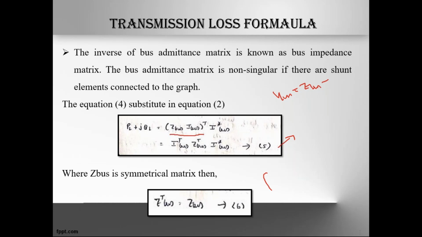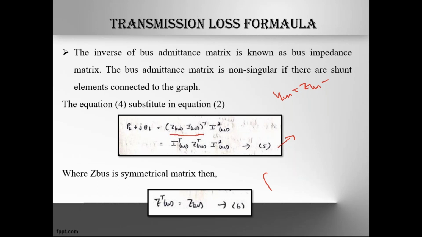Anybody? Right, unit matrix. So unit matrix is a symmetrical matrix.